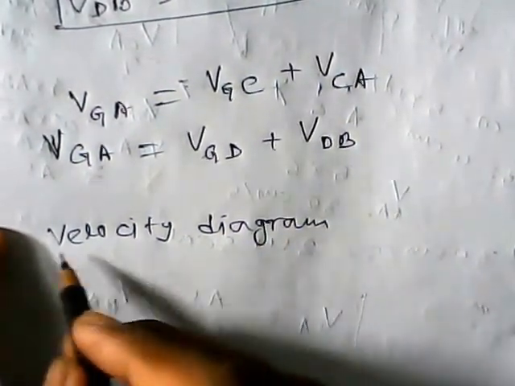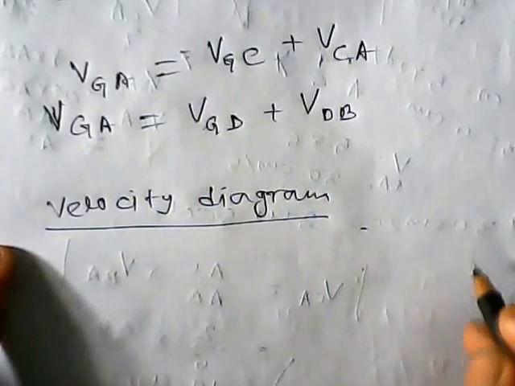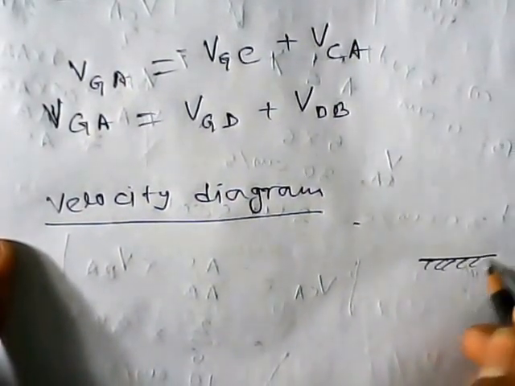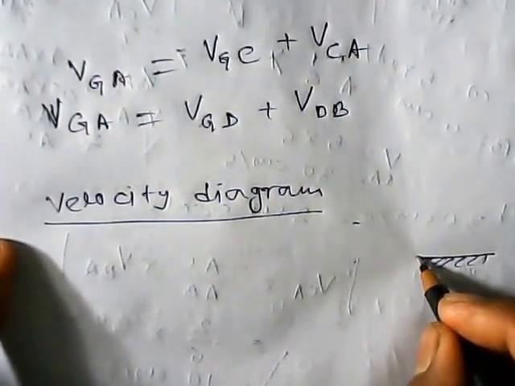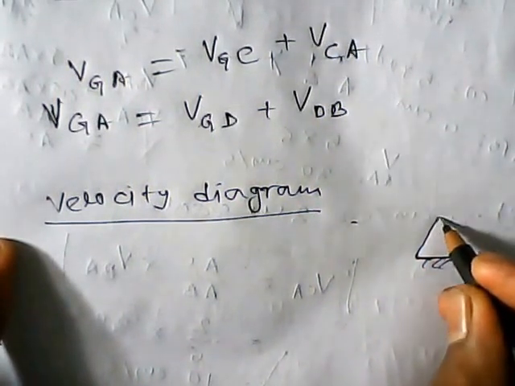Now the velocity diagram of the four link mechanism. First I draw the mechanism here.